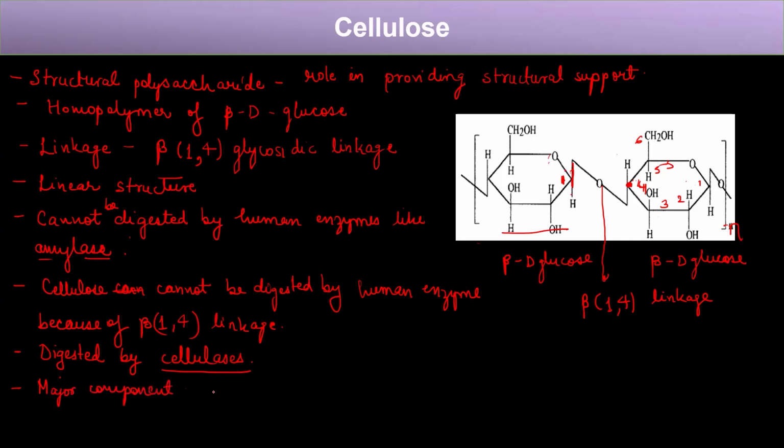Apart from this, it is also present in cotton, wool and pulp. So we saw the difference between cellulose and starch, and why cellulose cannot be digested by human enzymes and starch can be.